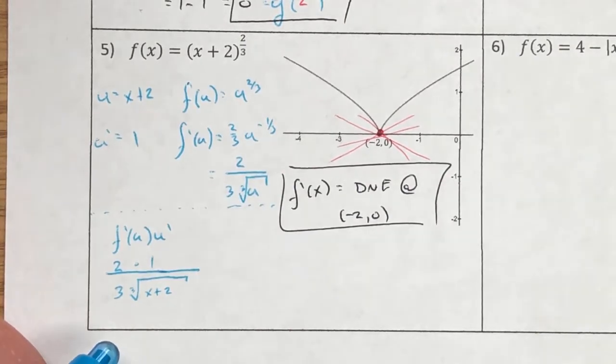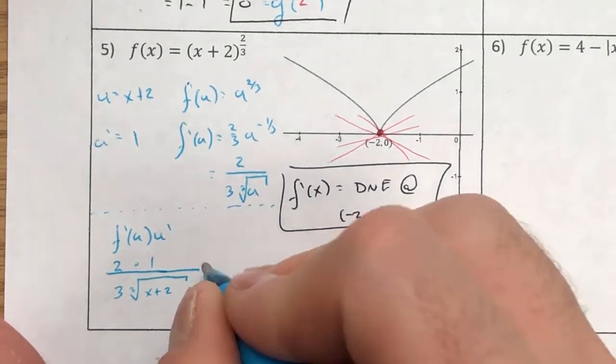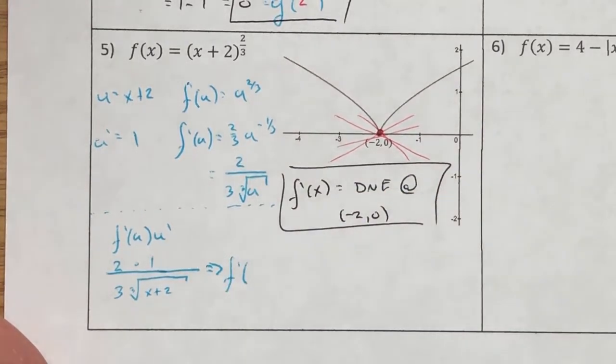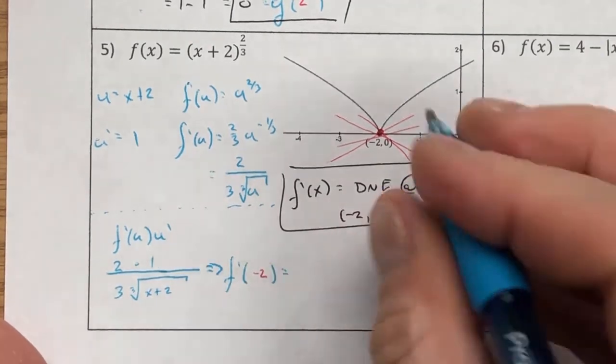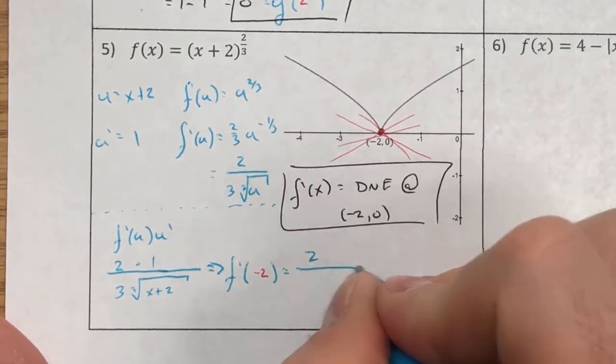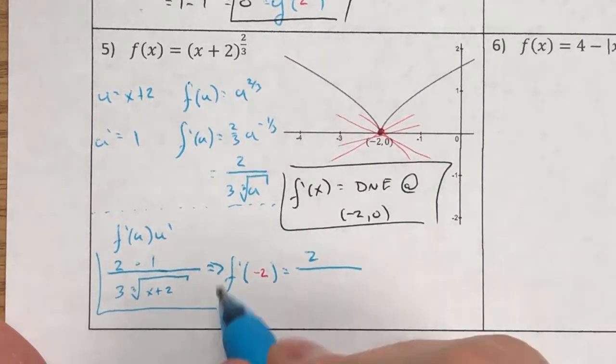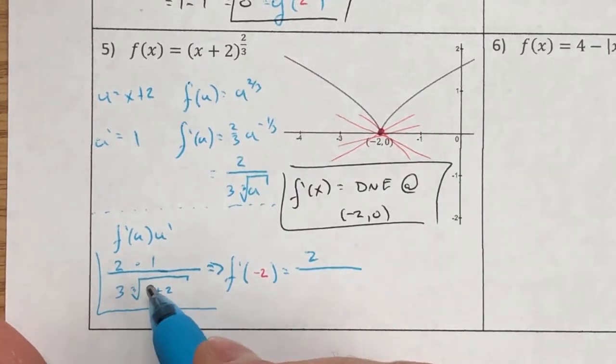So here we go. We're going to plug in a -2 and see what we get. So f prime of -2 is equal to 2 times 1 up top is 2. Let's just go ahead and half box that up, because that's what we've been doing with the derivatives. So that shows that is the derivative.